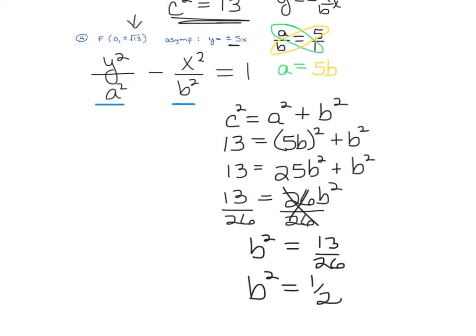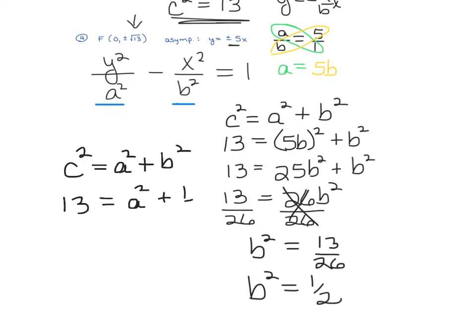So now I need to go back and do this formula one more time now that I have the value of b squared and c squared. So again, c squared equals a squared plus b squared. My c squared was 13. I don't know a squared, that's my last missing piece.